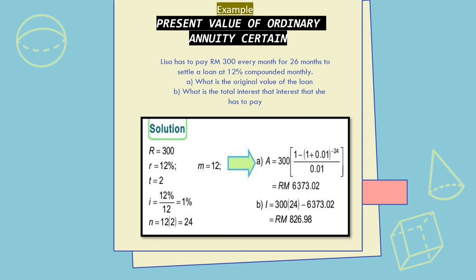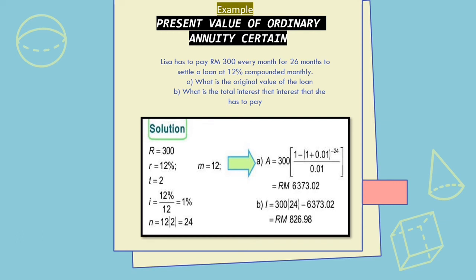When we put it into the formula, we get the present value equal to 300 times the bracket of 1 minus (1 plus 0.01) to the power of negative 24, then divided by the interest per period, 0.01. So the total will become 6,373 ringgit 2 cents.